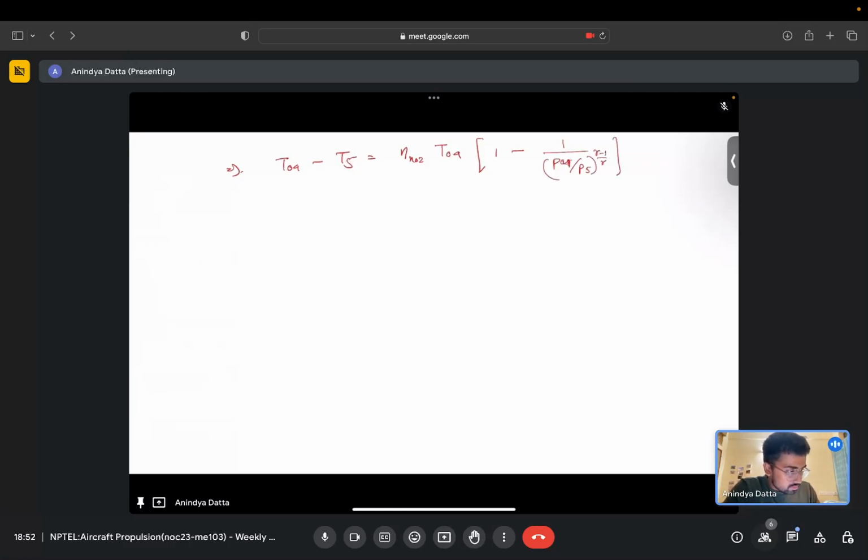Alright, so this is 0.95 times T04, which was given as 877.8, times 1 minus P04 by P5.